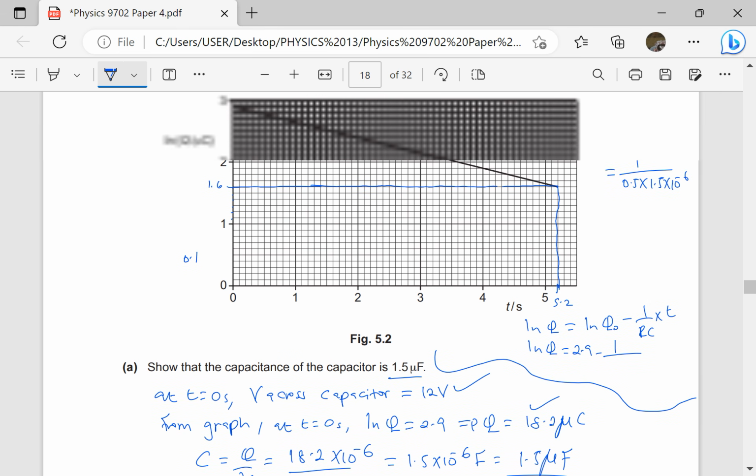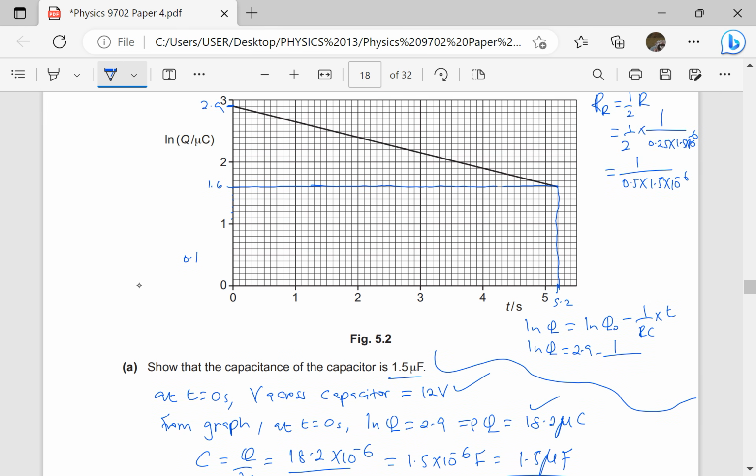It is 1 divided by R times C, and R is 1 divided by 0.5 times 1.5 times 10 power negative 6, or you can use the calculator. Then times C, the capacitance, which is 1.5 times 10 power negative 6.